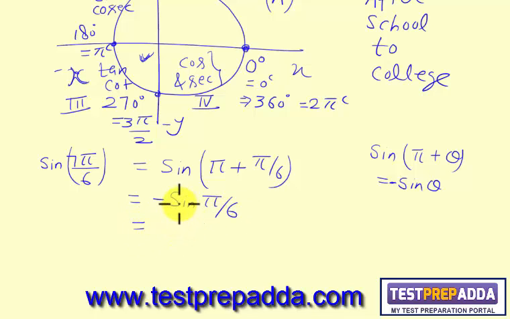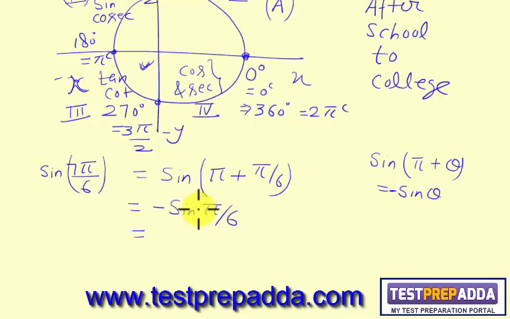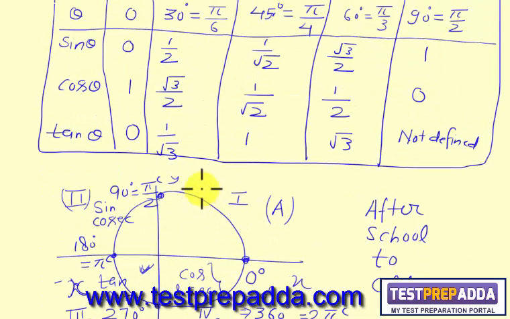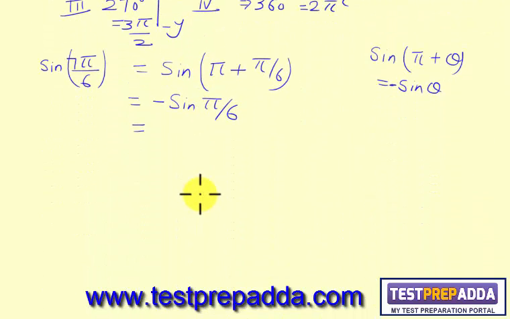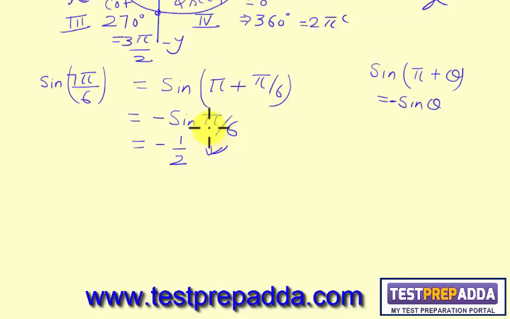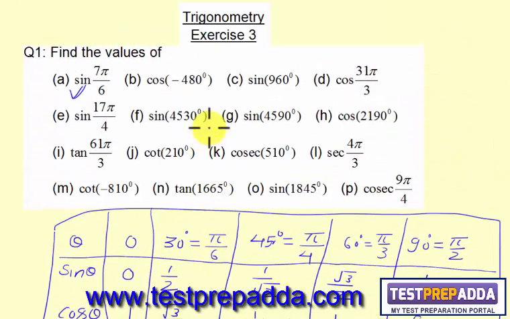Pi by 6 is what? 30 degrees. Sine 30 degrees is what? Half. That is why the answer of this question will be minus half. It's clear? Okay. So first A, the answer is minus half.